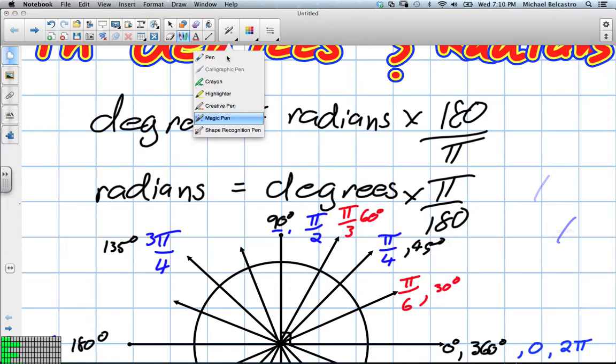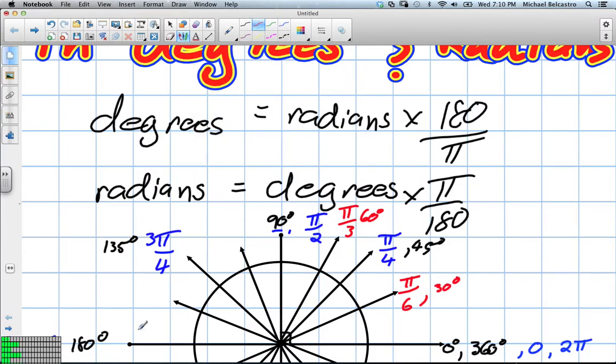If we were to move 30 degrees, 60 degrees, so if we move 30 degrees, this is 120 degrees. Or if we were to plug that in, 120 times this is the equivalent of, if we divide both by 3, 4 and 6. So this becomes 4 over 6.